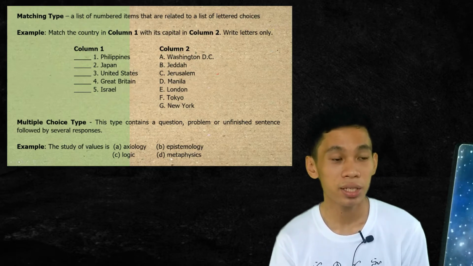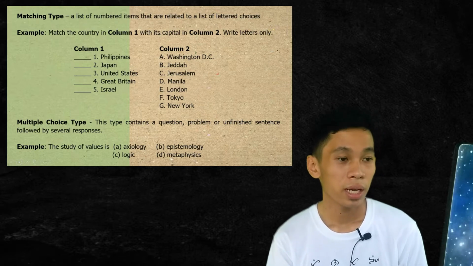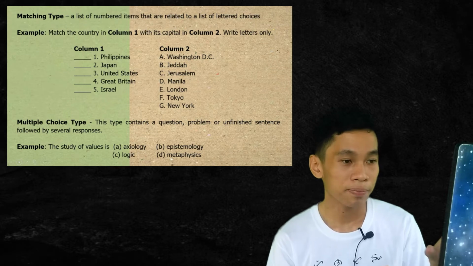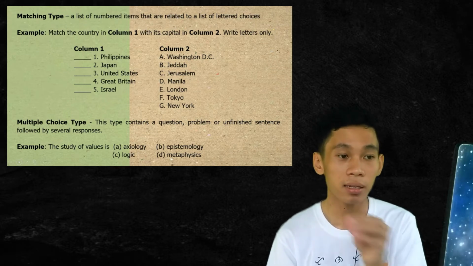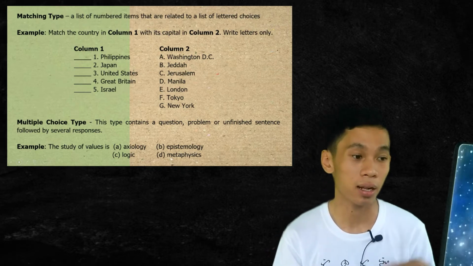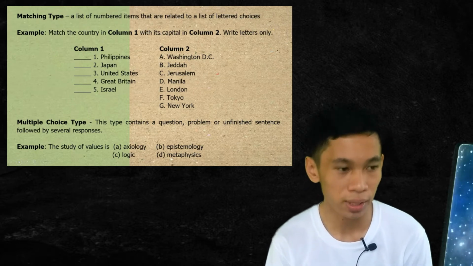Pipili lang si student ng sagot sa column 2. Okay, so dito sa column 1, ang category na nasa column 1 ay mga countries. And then sa column 2, ito naman yung mga capital ng bawat countries na na-indicate sa column 1. Okay, so next we have multiple choice type of test.